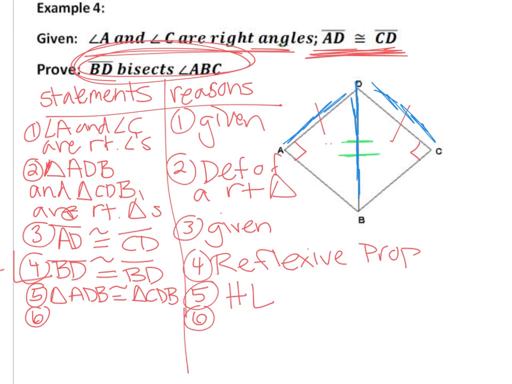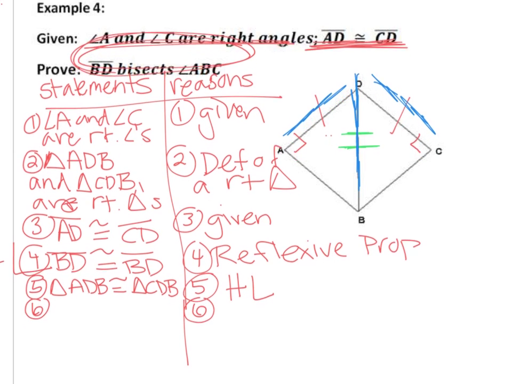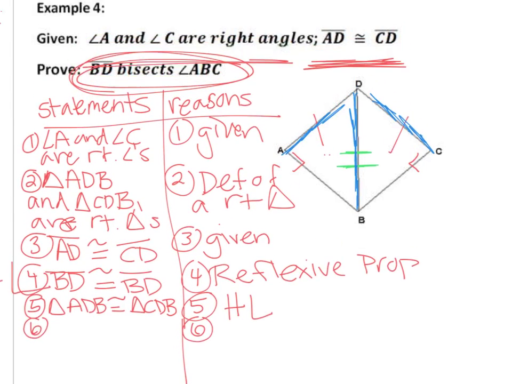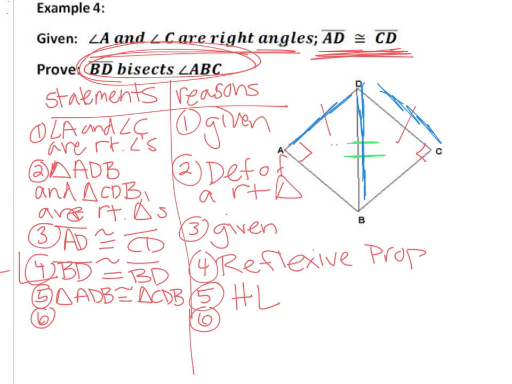All right, let's think. If I know I'm trying to prove that right triangles, I'm trying to prove that BD bisects angle ABC. This is for those advanced people out there. If I'm trying to show that angle B is going to be bisected, which set of sides or angles is going to help me do that? Hopefully you're thinking angles.